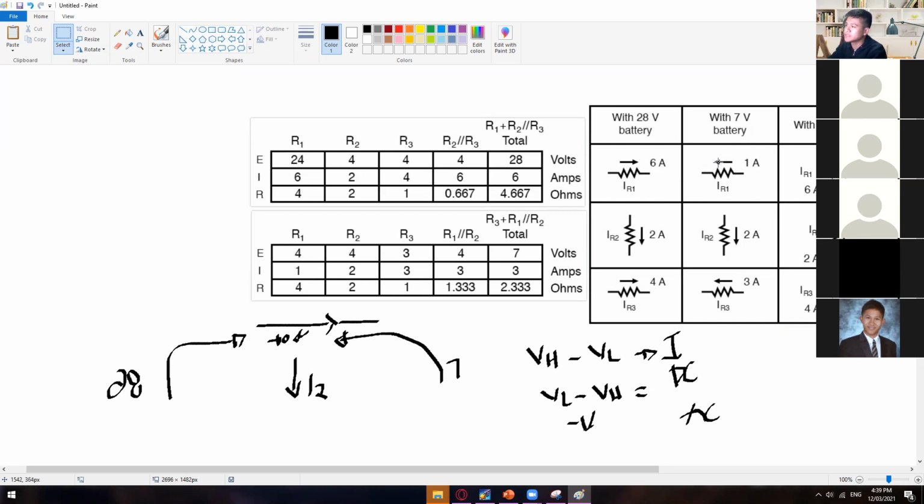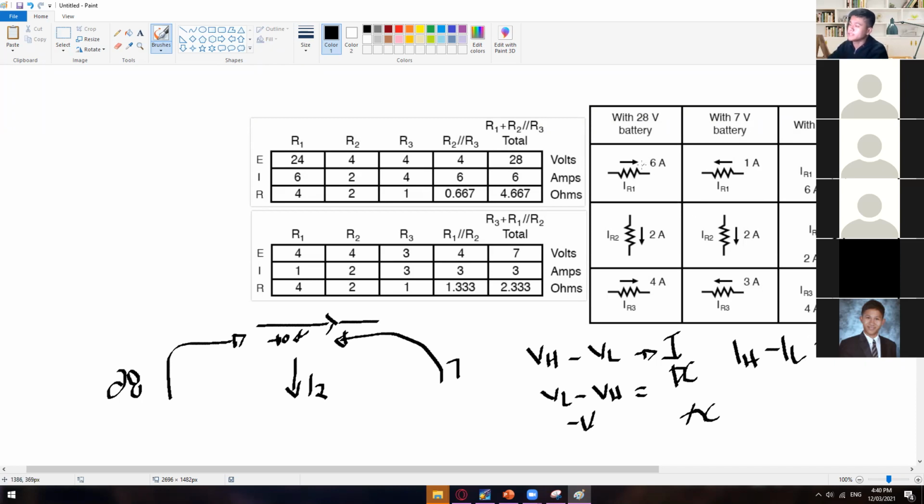Why minus 1? Since of course they are different when it comes to the flow of current. This one is going to the right and the other one is going to the left. So again, the higher current will be the dominant one, IH minus IL, which is equal to your final flow of current.